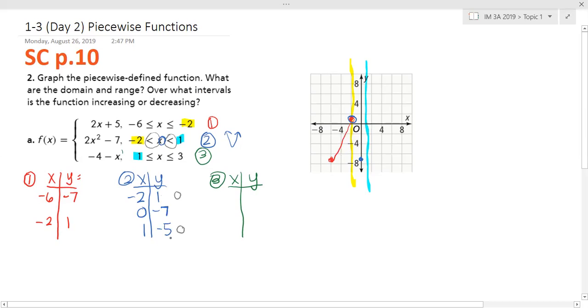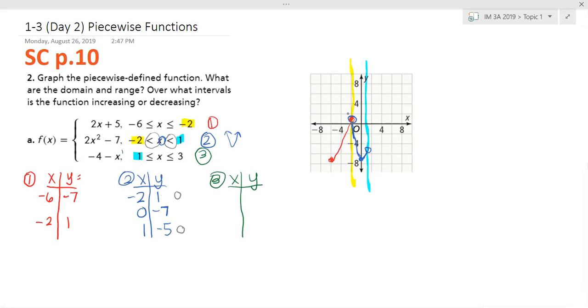And then finally an open dot at 0, -5. So these 3 points are my guide for the parabola 2x squared minus 7. The 2 makes this a narrow parabola, and we can see that through our points.